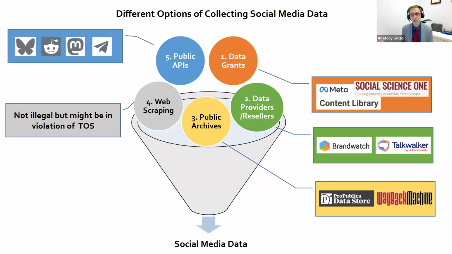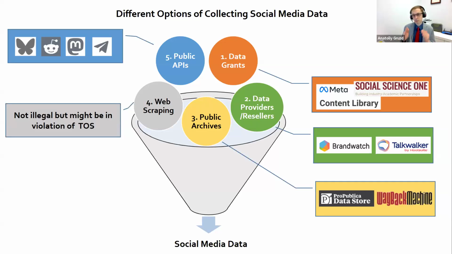And sometimes the API is free, but quite often it has a limit or restriction on the type of data that can be collected. And because they're public APIs, usually that means you can only access publicly available data, which is kind of good in a way from the research side. You're not going to accidentally scrape something that you're not supposed to scrape.